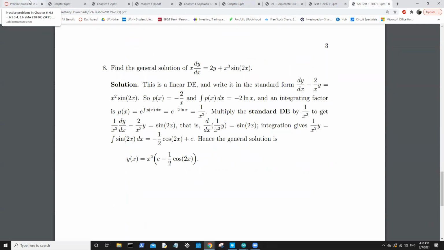Yeah, so the answer is y of x equals x minus 1 over x minus 4. What was it again? y of x equals x minus 1 over x minus 4. Okay.